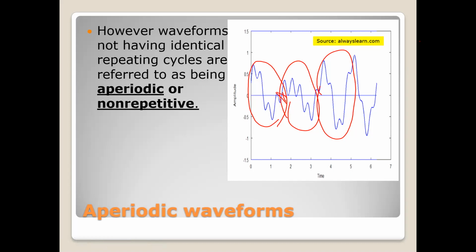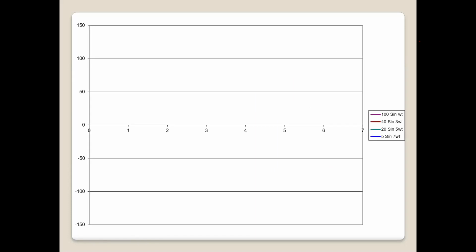So in terms of a simple activity, what we want to do is to add these four waveforms: 100 sine omega t (that should be omega, not W), 40 sine 3 omega t, 20 sine 5 omega t, and 5 sine 7 omega t.